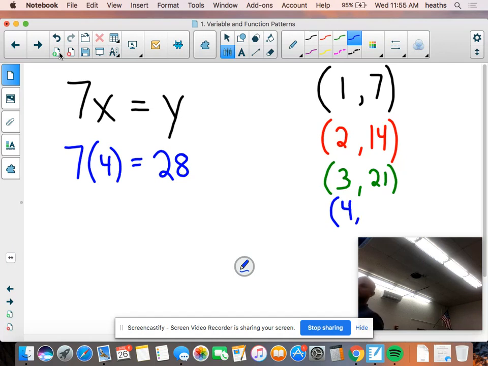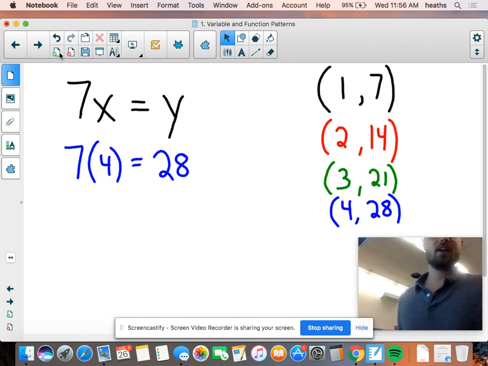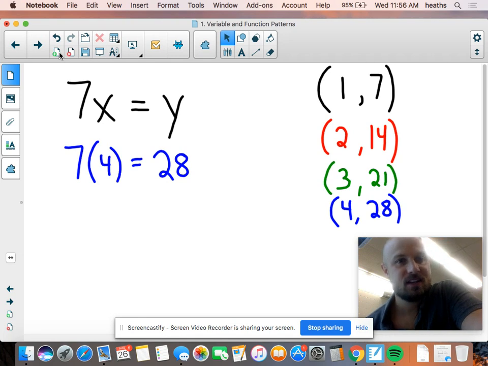And because you worked 4 hours, 4 times $7 an hour is going to be 28, which is your Y value. So I guess what I'm trying to show you here is in a function, it means that whatever number you plug in for X, it's going to affect the Y value in a very specific way.